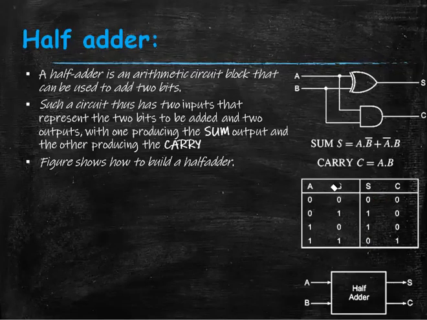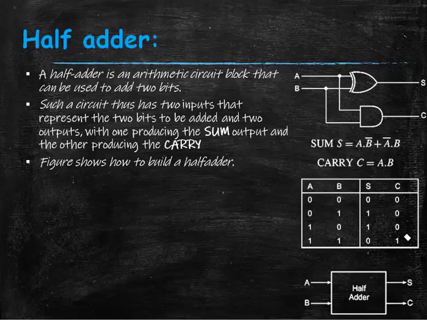The sum is 0, 0, 1, 1 and 0. It corresponds to an XOR gate. And look at this one. When A, B are the inputs and C is the output, this output corresponds to an AND gate.